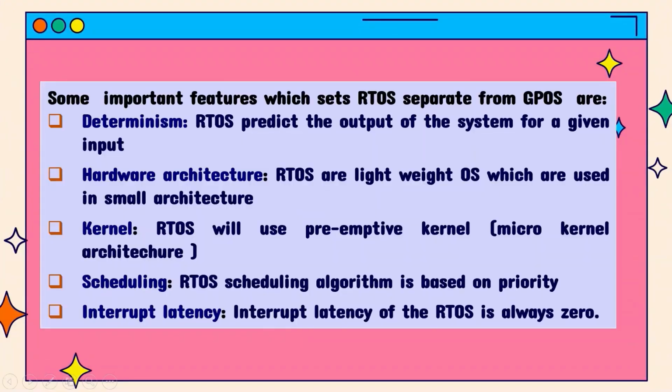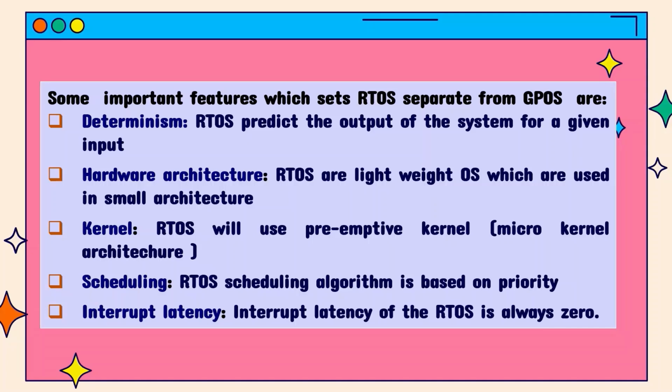Some important features which set RTOS apart from GPOS: the first is determinism. We know that deterministic systems will give the same output for a given input condition, and we can predict the output of the system for a given input. RTOS are deterministic operating systems which will take the same time to give output for different inputs.